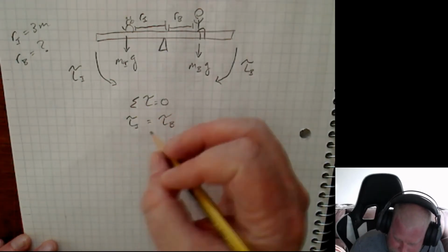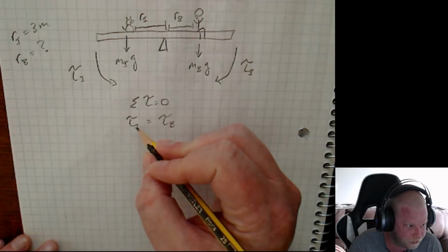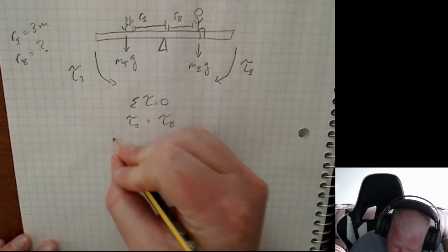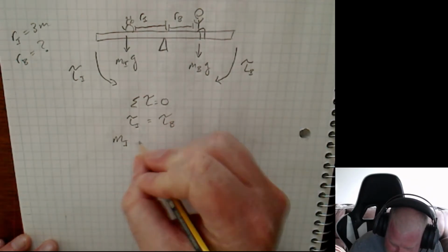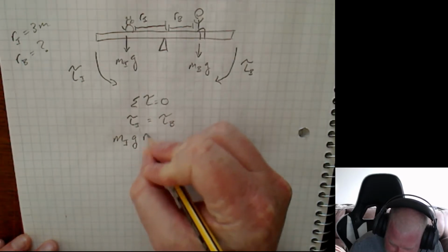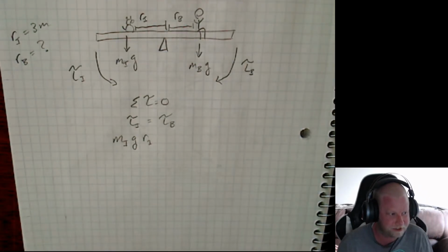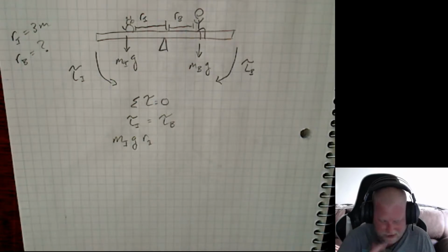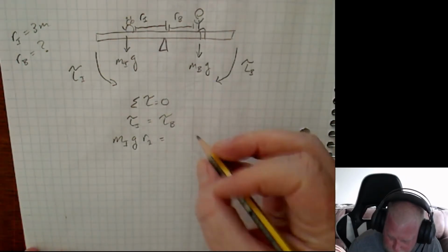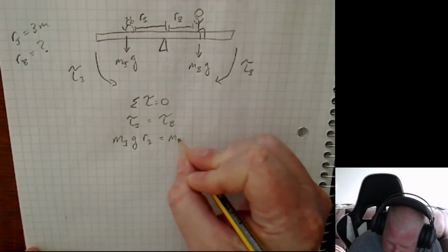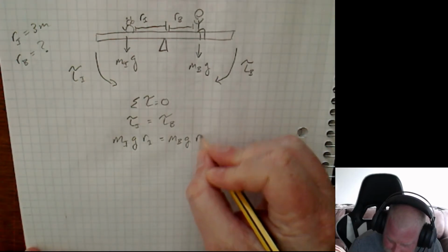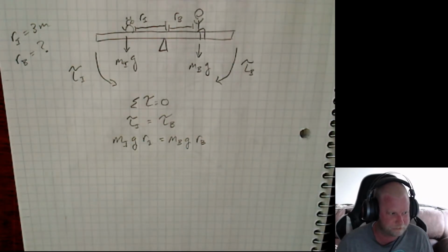So the force responsible for the torque generated by Irving is Irving's weight, right? So the mass of Irving times G times Irving's distance from the pivot point is equal to the weight of the boy, so the mass of the boy times G times the boy's distance from the pivot point.